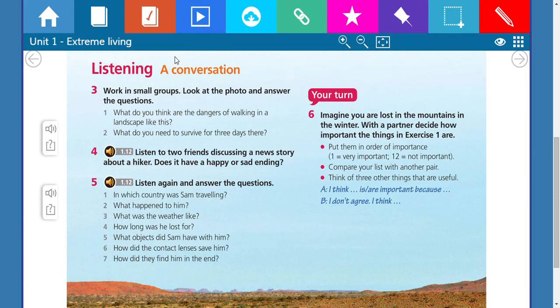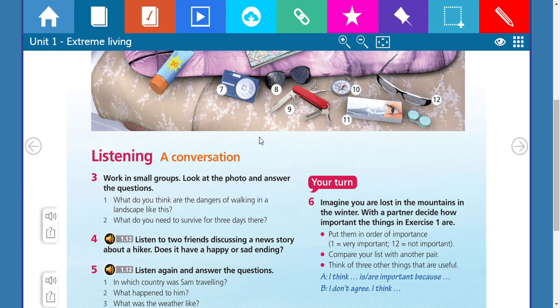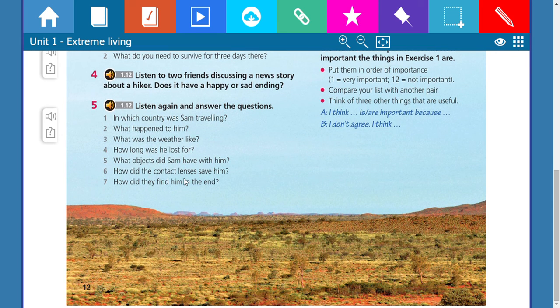Here is our vocabulary, and now here I have a listening. It says a conversation. Work in small groups, look at the photo and answer the question. Okay, this is my picture. What can you see? Well, it's a desert.